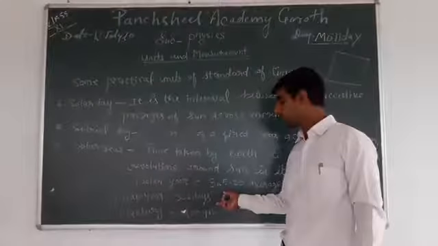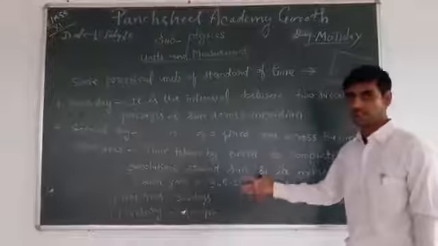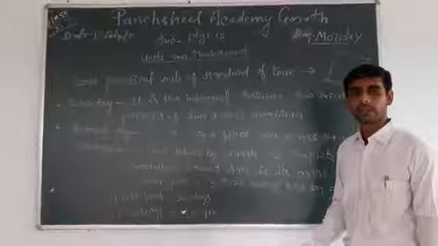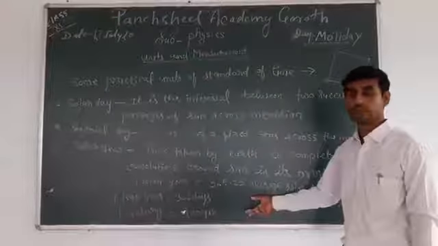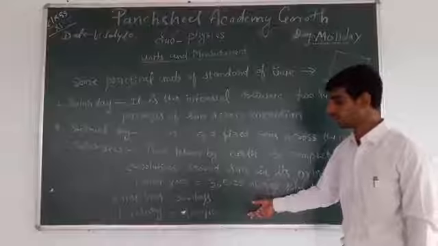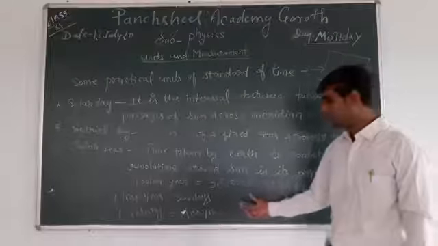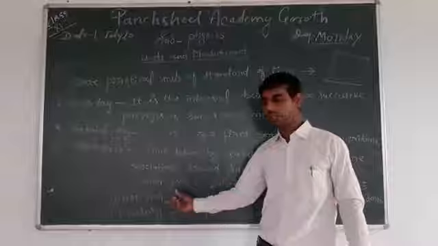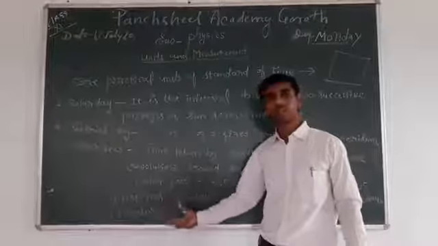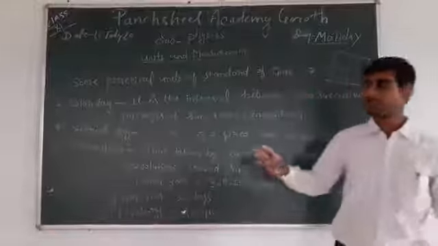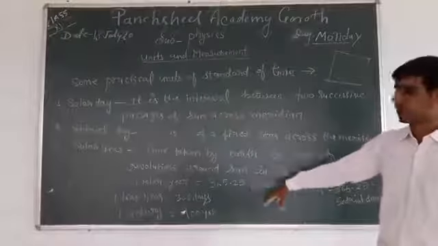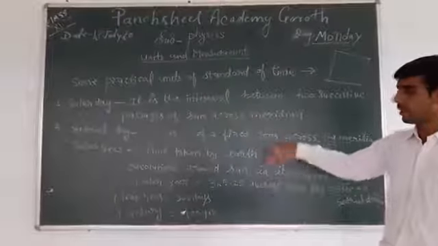One leap year equals 366 days, because in a leap year February has 29 days. So every 4 years is counted as a leap year. 1 century is 100 years, and 2 more units remaining. Write down this.